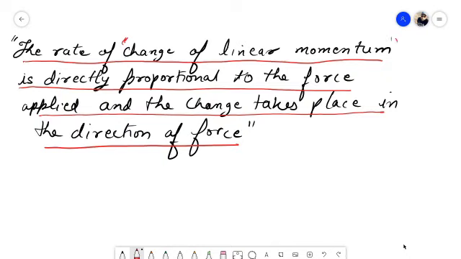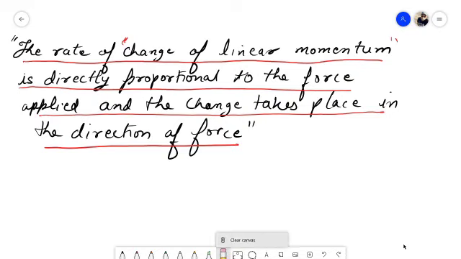So the more the force applied, the change in the linear momentum will be quicker, or you can say it will take lesser time to change the linear momentum, because it says the rate of change. The rate at which the change comes in linear momentum is directly proportional to the force applied.